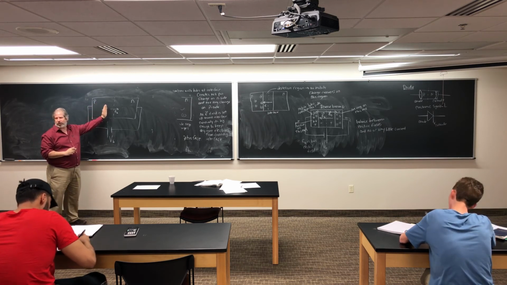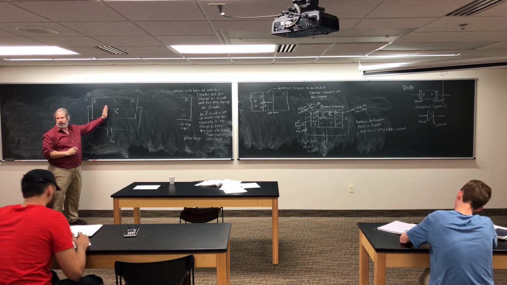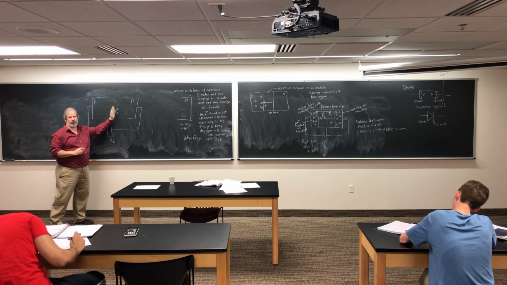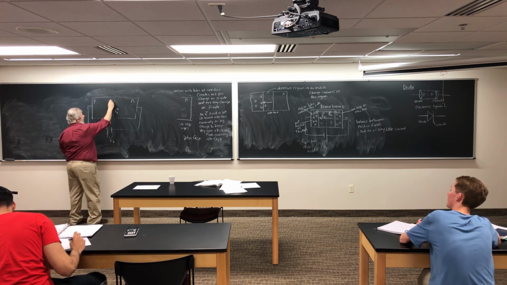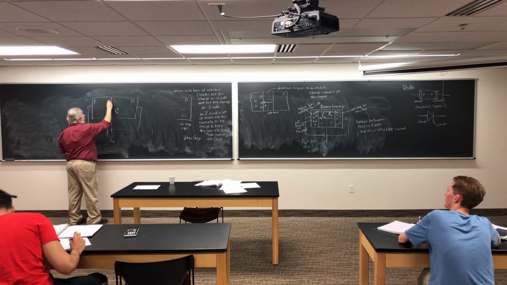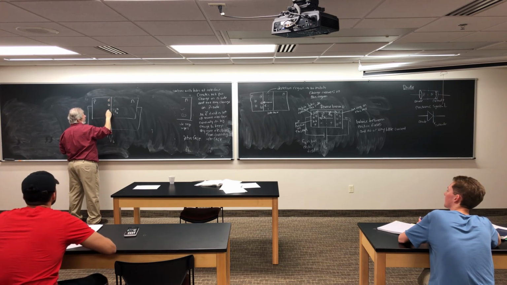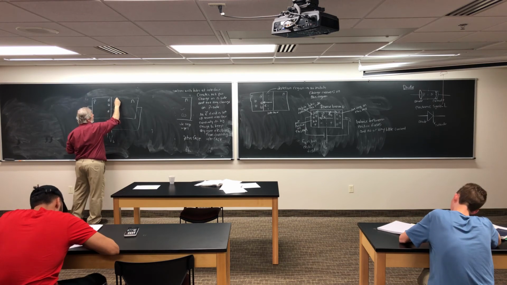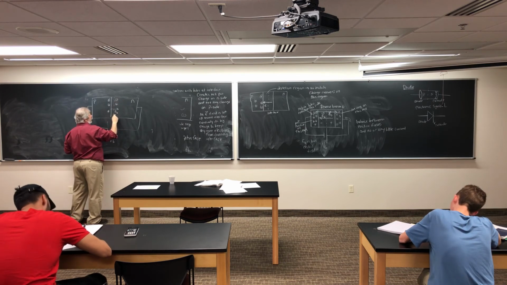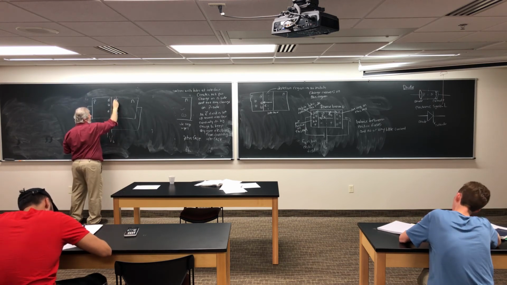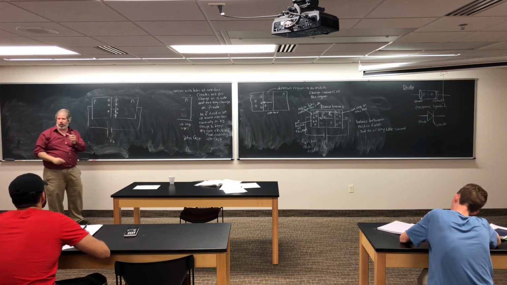Positive charges want to go in the direction of the electric field. Negative charges want to go in the opposite direction. So it's going to actually pull positive charges over this way, farther. And it's going to pull the electrons over this way. So the depletion region gets smaller than it was.